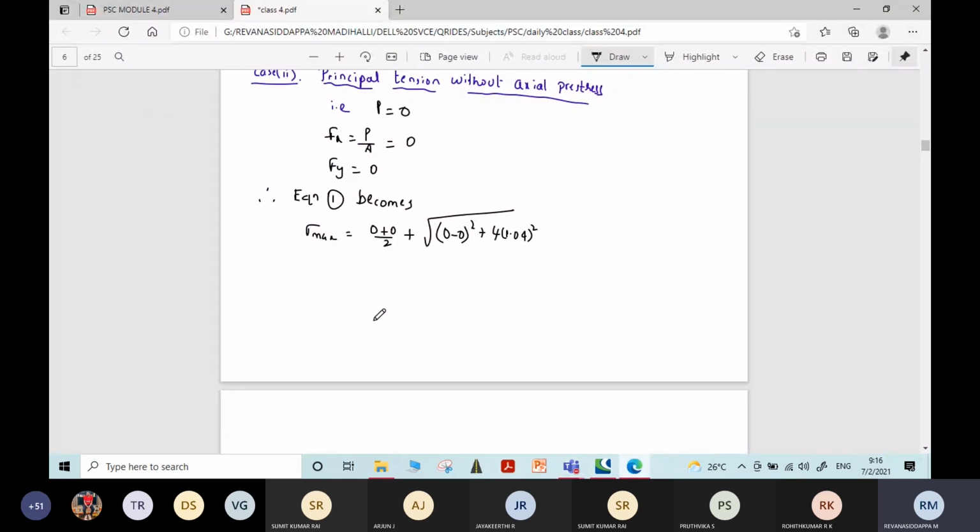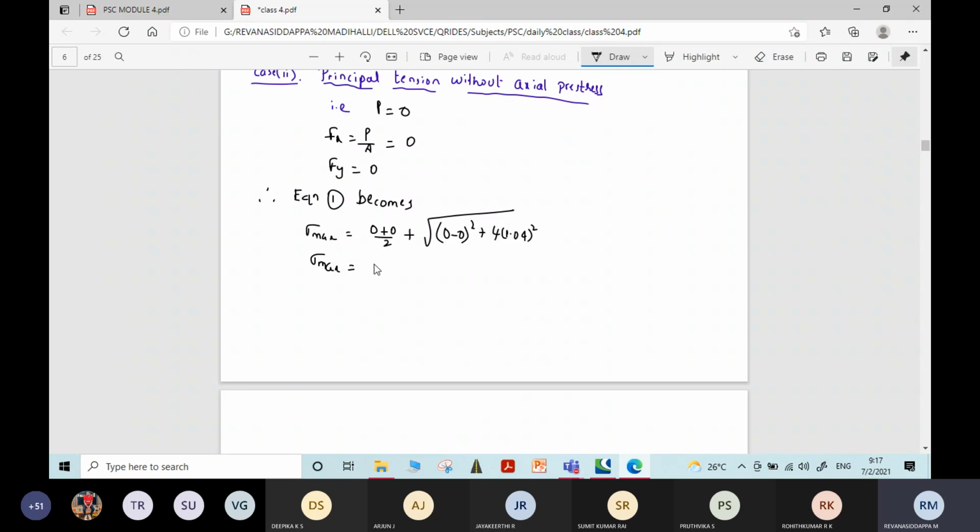Okay. So what is the answer? Sigma max is equal to root of 4 into 1.04 whole square.